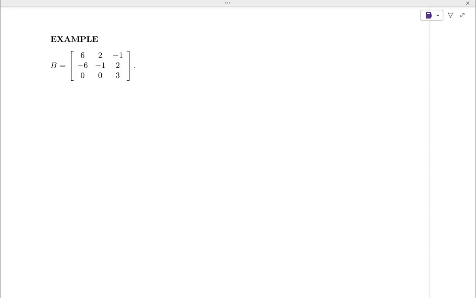We could notice this one might be a little bit easier to do by hand since we've got that 0, 0 in there, right? We can expand along that row. Okay. So let's see if we can make sure we remember how to do our determinants here by hand. So again, subtracting the lambda off.